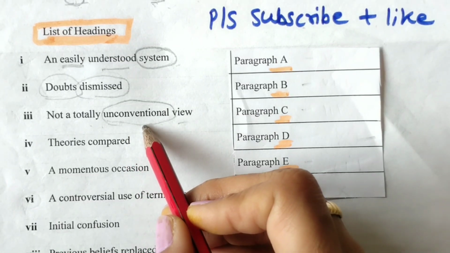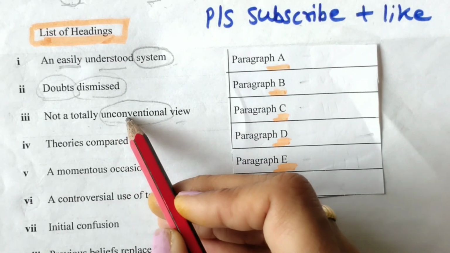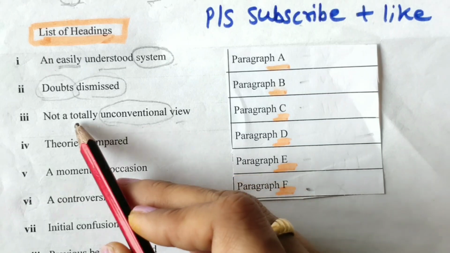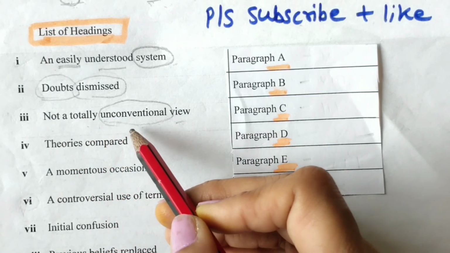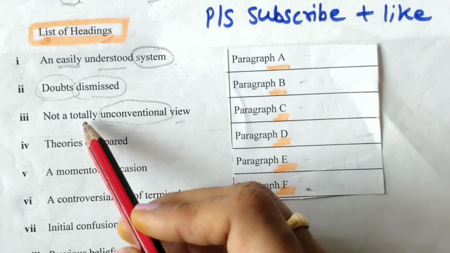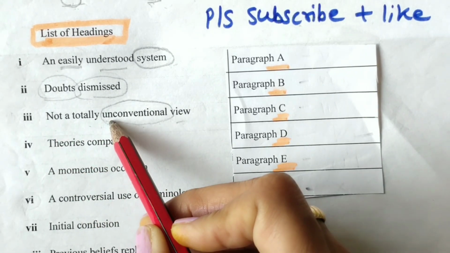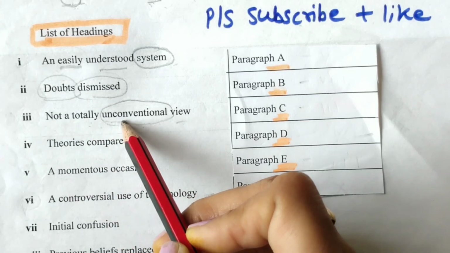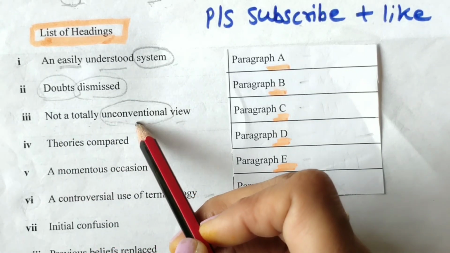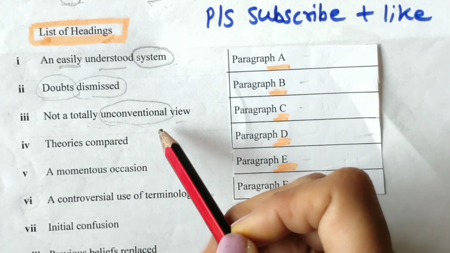Not a fully unconventional view; "not" is there and "unconventional" is also there, so this is also a confusing one. Not totally unconventional means everything was not a totally modern kind of view.